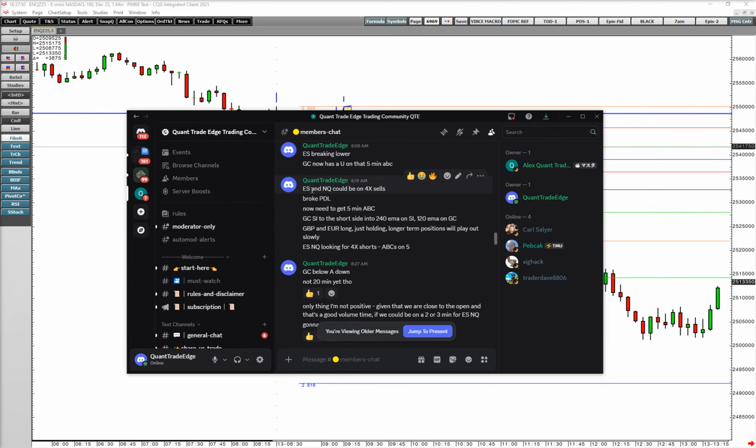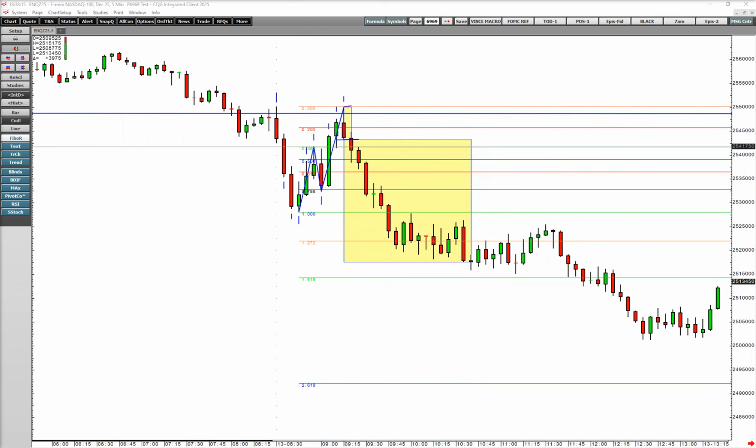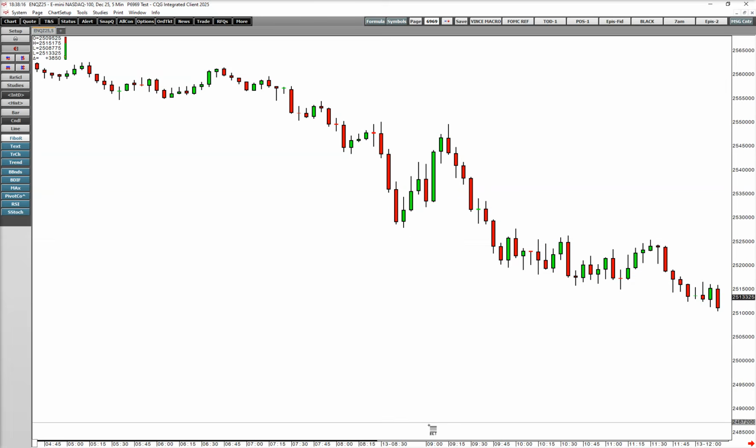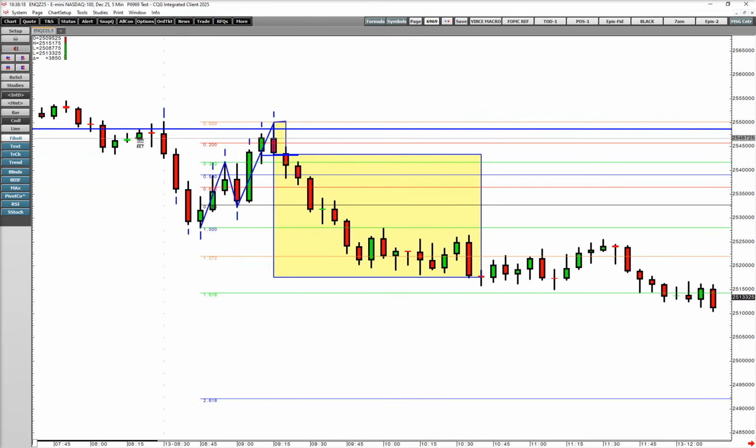Basically said ES and NQ could be on 4x sells, broke PDL, previous day low, now need to get a 5-minute ABC. And then these are some of the other things I was looking at, GBP to the long side, Euro to the long side, GC and SI to the short side. These are all different trades that we had. And here, again at 8:21, ES, NQ looking for 4x shorts, ABCs on 5. That's about as clear as it gets to get that message over here.